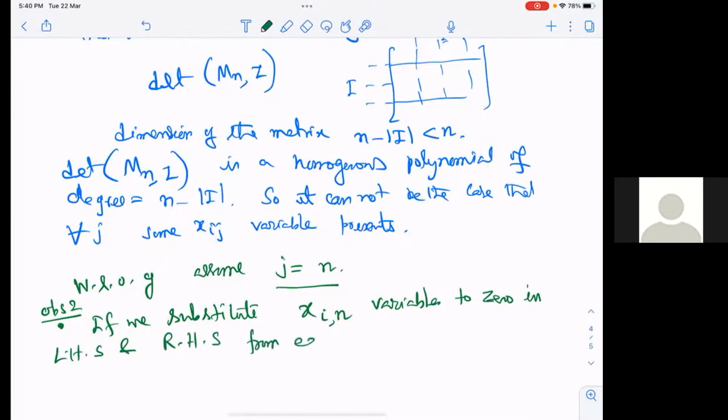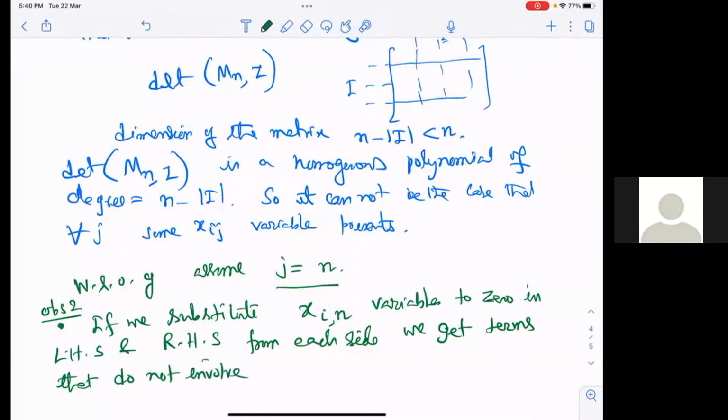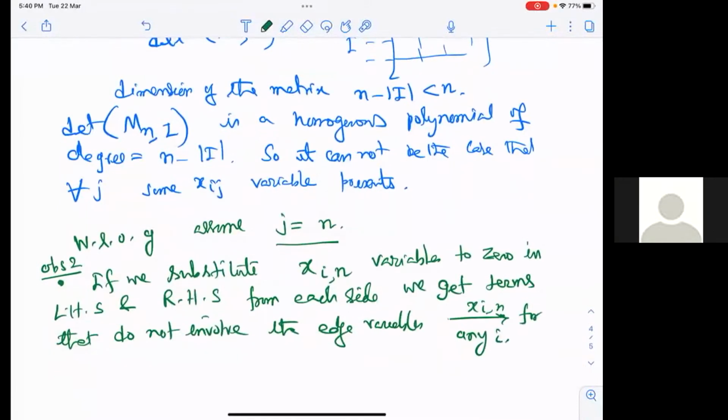From each side, we get terms that do not involve the variables x_in for any i, which is an obvious thing I'm writing. That means n is playing the role of the leaf on both sides. Is that clear?